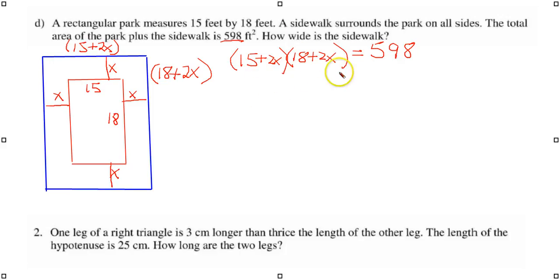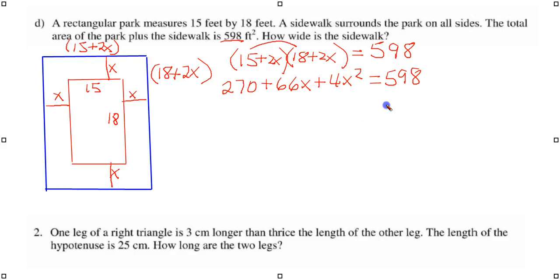So there's lots of little calculation, so we'll do this in parts. This is 270. My outers would be 30x, 36x, add up to 66x, and my last 4x squared.